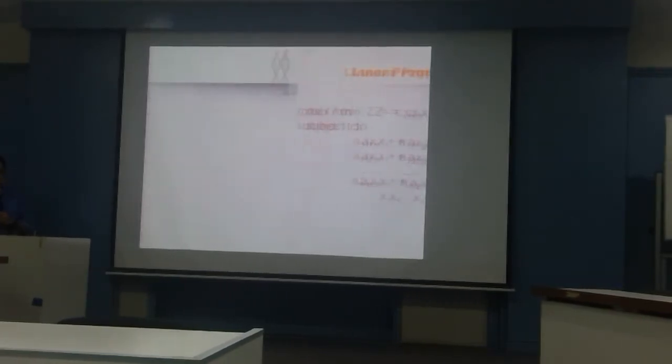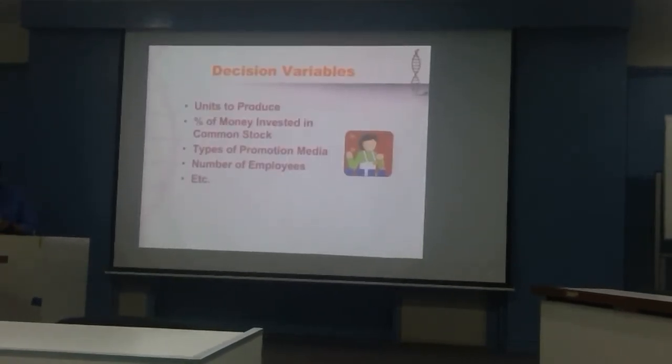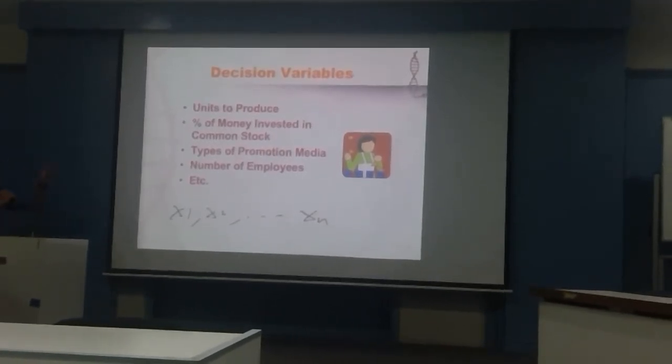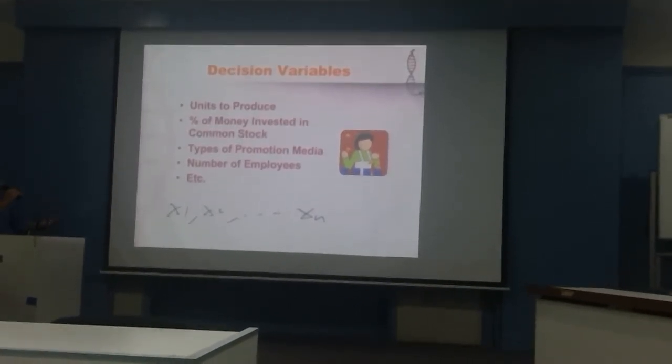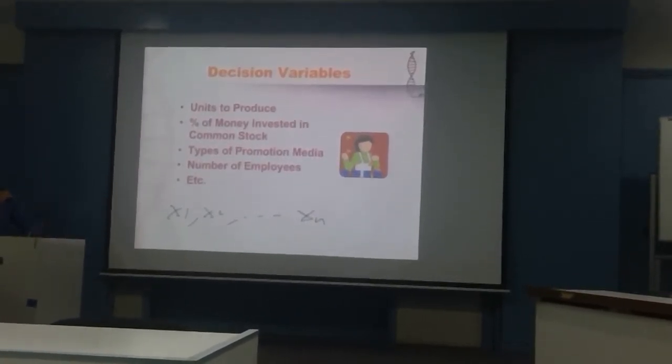Okay, so decision variables once again. This means x1, x2 until xn. It depends on the problem, but normally it's going to be the number of units to produce, the proportion of money that you can invest, the time on promotion media, or the number of employees that you're going to have.